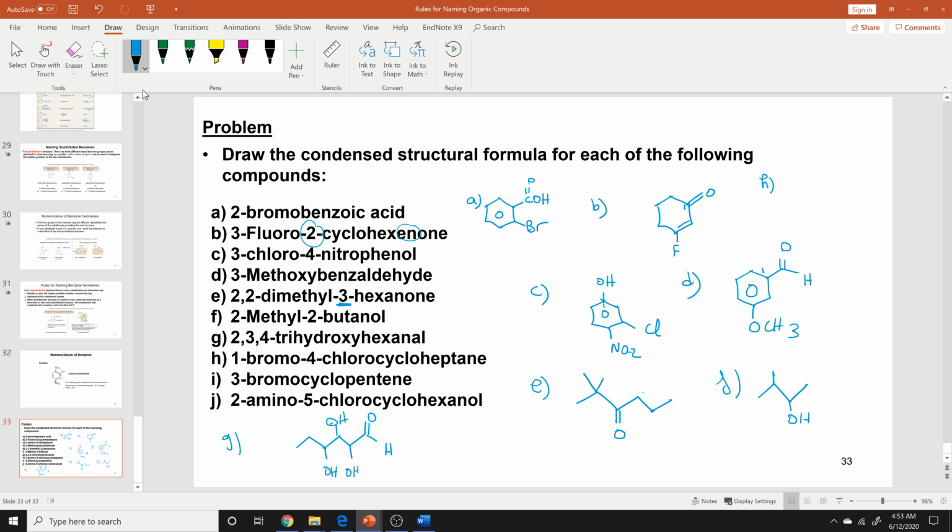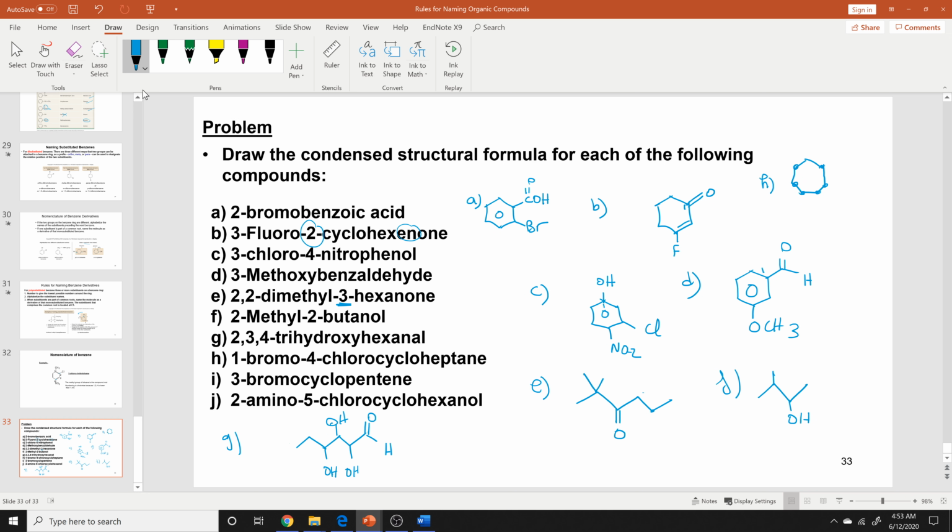Now for H, 1-bromo-4-chlorocyclopentane. So I'm sorry, cycloheptane. So you have the cycloheptane in here. We have 1, 2, 3, 4, 5, 6, and 7. This is cycloheptane.